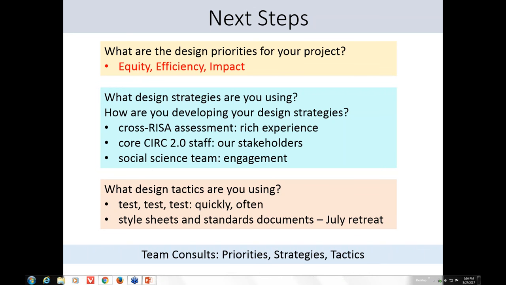Mm-hmm. Because sometimes we're developing software and we get asked, this happens in more projects than it ought to, halfway through somebody wants to know what's your business model for sustainability? How are you going to make it pay for itself later? How do you spin it off into a private sector product?